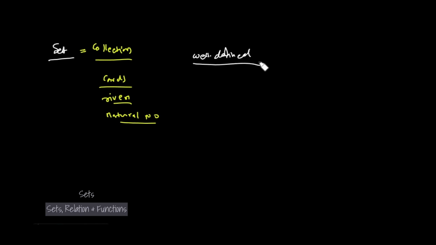Well defined means that whenever we have a collection of the rivers of India, let's take the example: the rivers of India. If this is a collection, and I ask one of the students, please give me the names of the rivers of India.